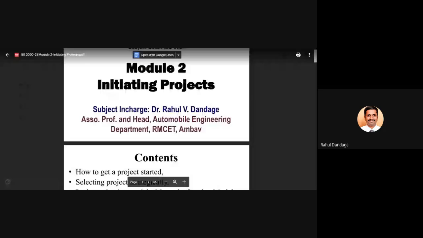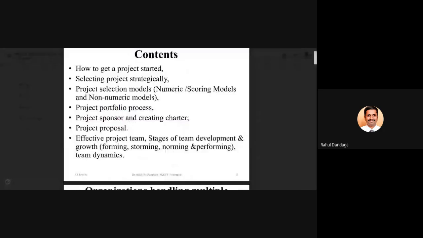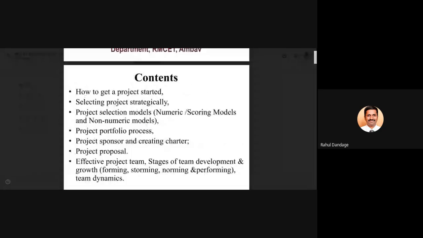So the contents which have been given by the university syllabus, we may not limit ourselves only to the contents. Slightly we can have some additional material also, but these are the contents which have been given by the university, and they will be taken into consideration for teaching this particular module.